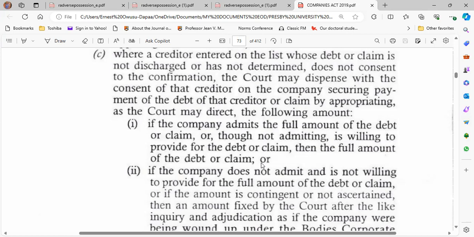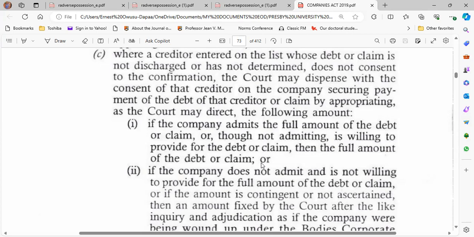Or provide security or anything to convince the court that the company will be able to pay the creditor the debt which the company owes it, so as to clear the way for the court to grant the confirmation which the company is seeking with respect to the resolution that it has passed, seeking to reduce the share capital.